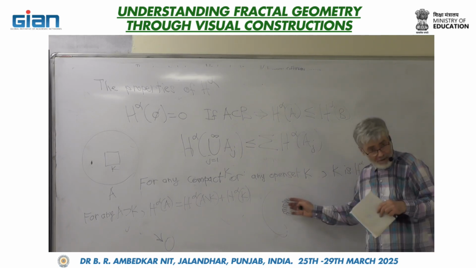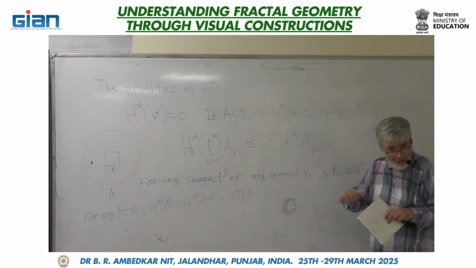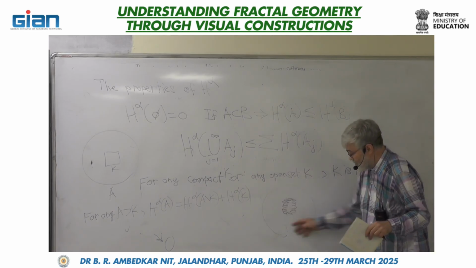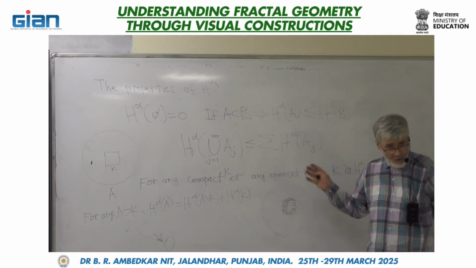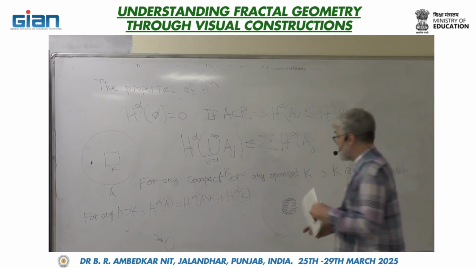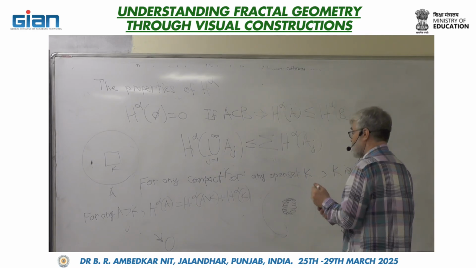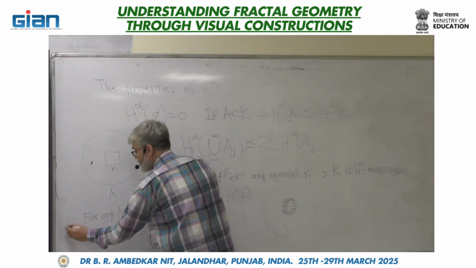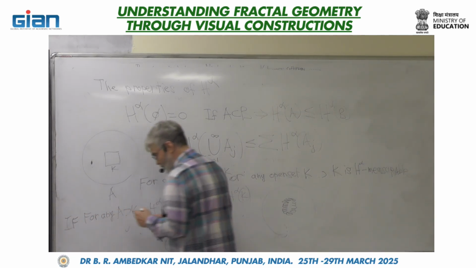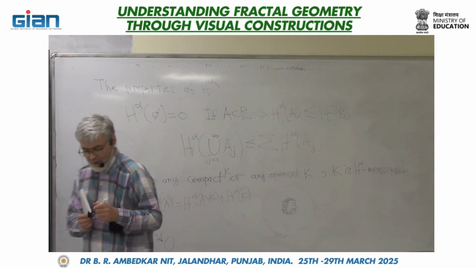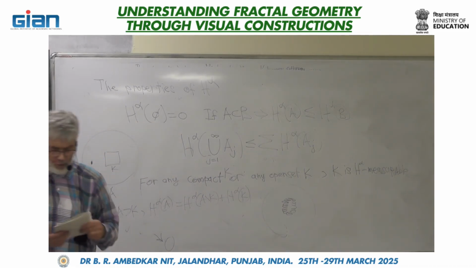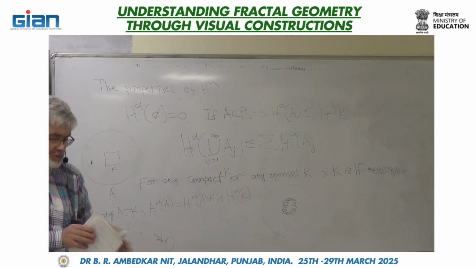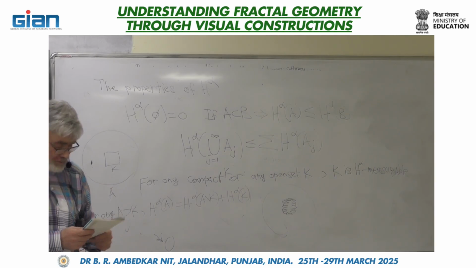If we erase it, then we erase the lower measure, and the sum of the measure of this set and this difference will be greater than the measure of A. Okay. So all compact sets, all open sets, all closed sets are measurable with respect to Hausdorff alpha measure.